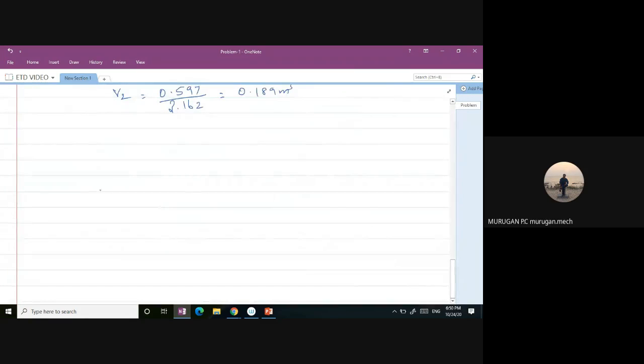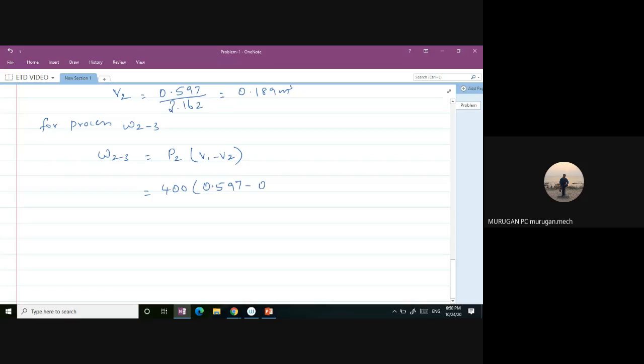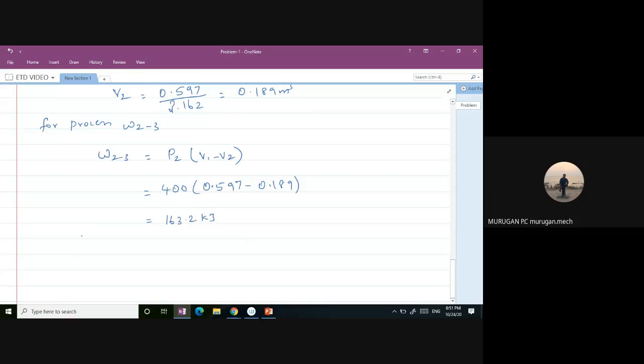Then for the other process, 2 to 3, the work done is given by P2 of (V3 minus V2). That is 400 into (0.597 minus 0.189). So the work done is 163.2 kilojoule.